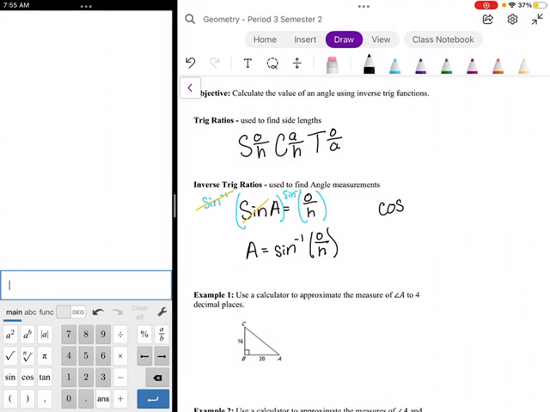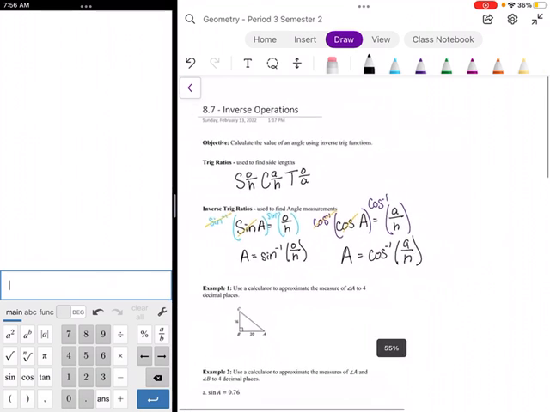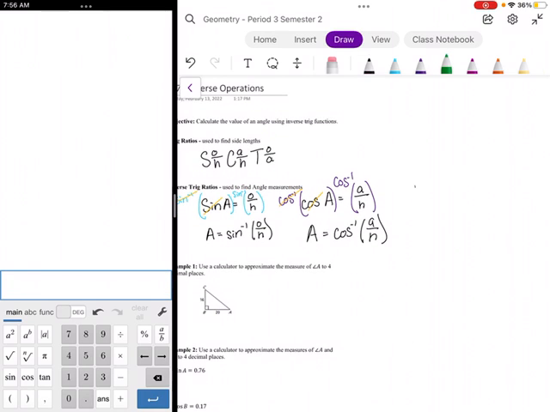So for cosine, that is equal to our adjacent over hypotenuse. So if we were to do the inverse of cosine, we would do cosine to the -1, which we would pronounce as inverse cosine. And then the cosine and inverse cosine would simplify, and we would be left with angle A equals the inverse cosine of A over H. And again, that works for tangent as well, where we have our opposite over adjacent.